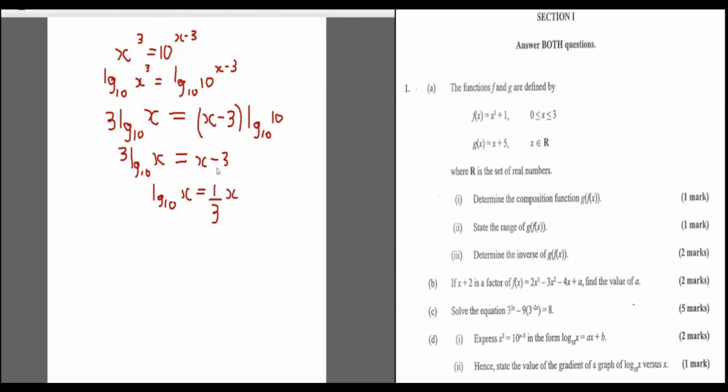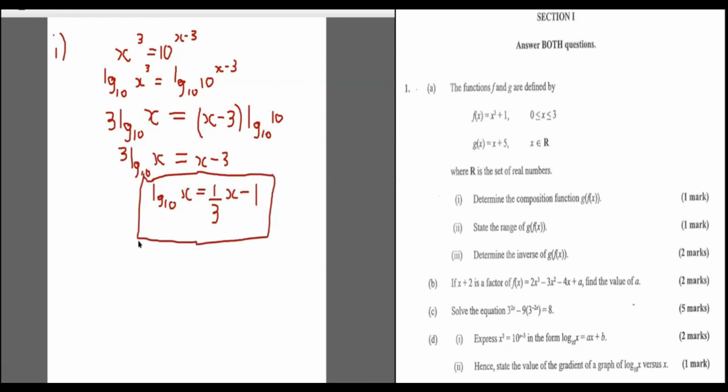Because we divide both sides by 3, x divided by 3 is 1 over 3x, minus 3 divided by 3 is 1. And so this is the solution for part 1. All right, so log to base 10 of x is equal to 1 over 3x minus 1.